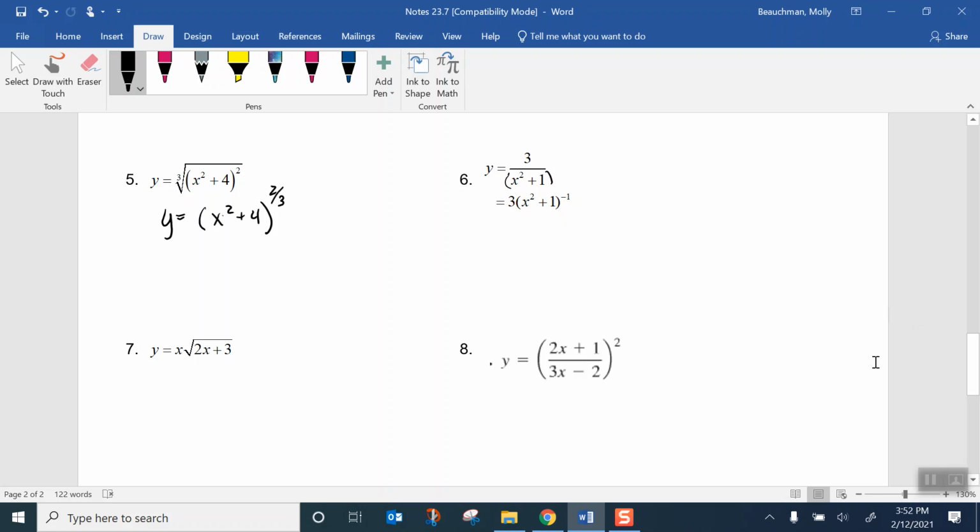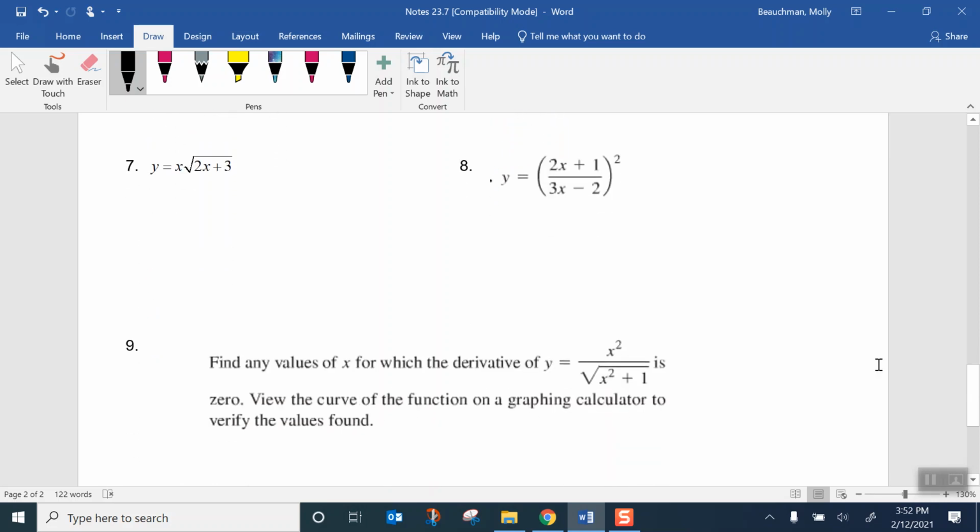All right, number 7 and 8, we have to apply more than one derivative rule. So number 7, notice it's a product of x times the square root of 2x + 3. So if I rewrite that as y equal to x times (2x + 3) to the power of 1/2, the first expression is x, so now I'm going to have to use the product rule.